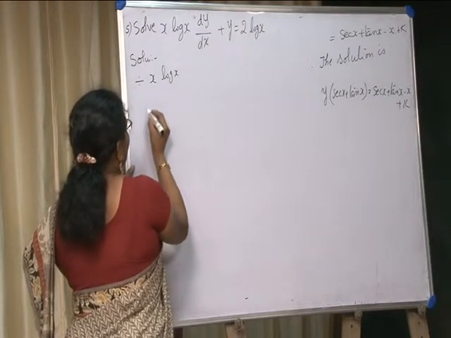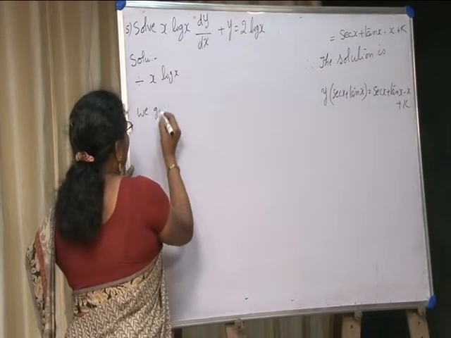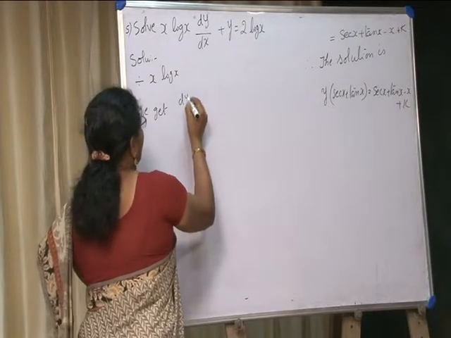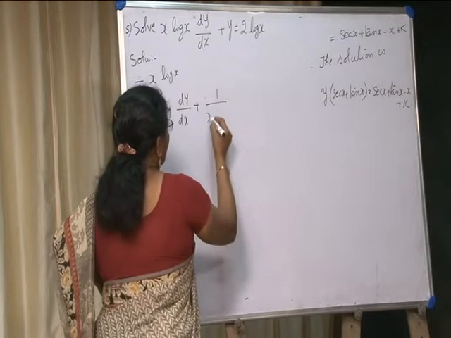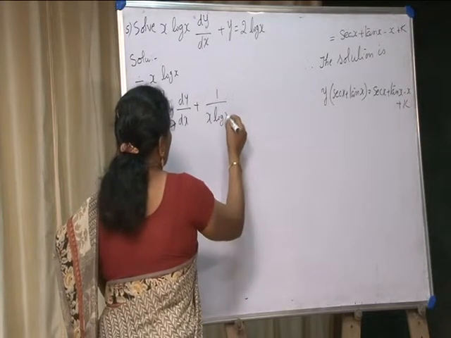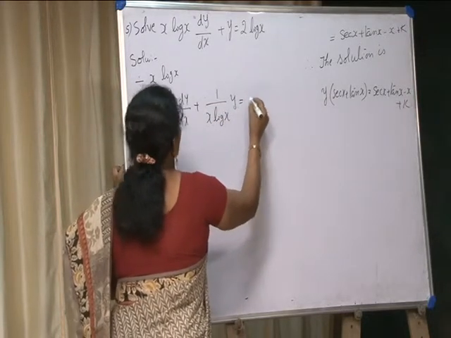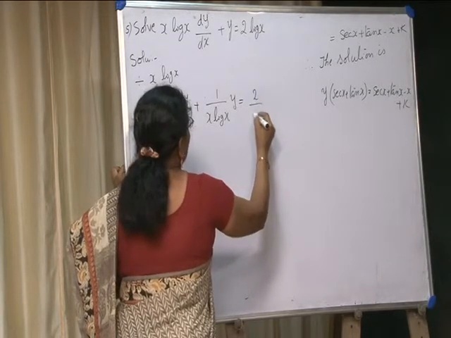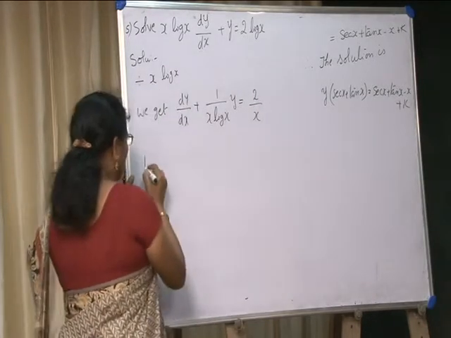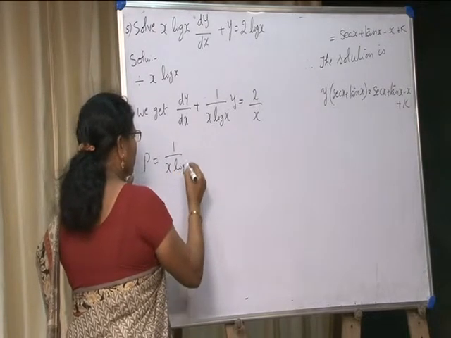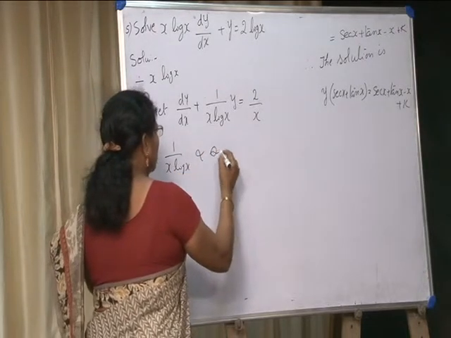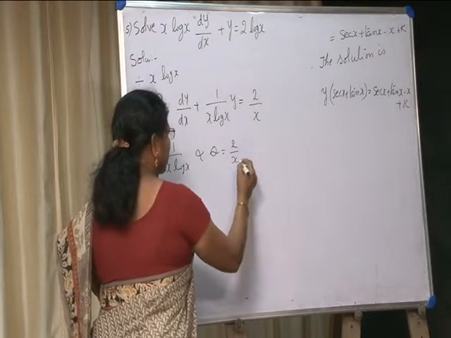We get dy by dx plus 1 over x log x into y is equal to 2 by x. So P is equal to 1 over x log x and Q is equal to 2 by x.